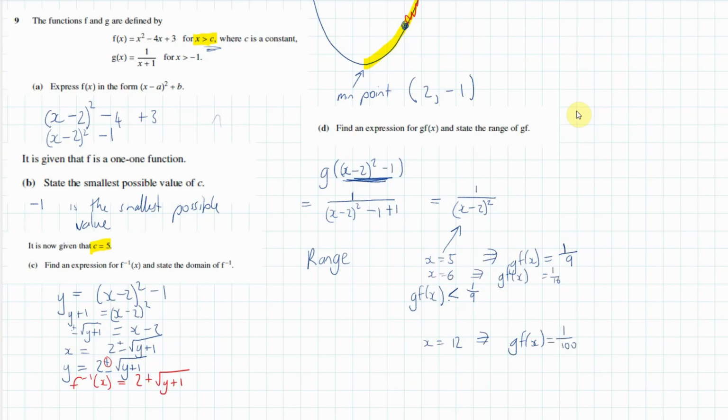As x gets bigger and bigger, the value of gf(x) approaches 0. So your range is going to be greater than 0, but approaching 0, up to 1/9, and that would be the range part of this question.